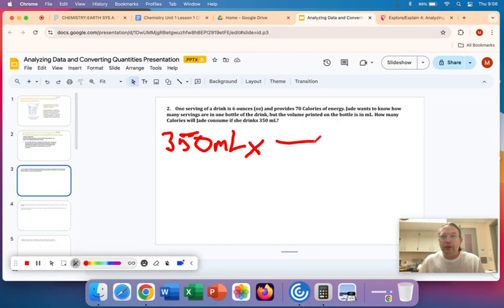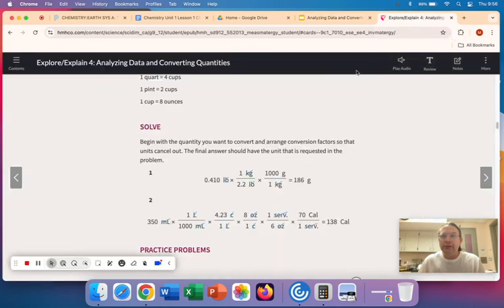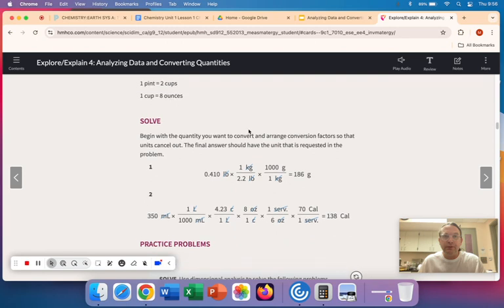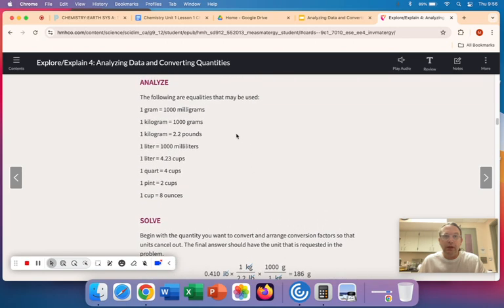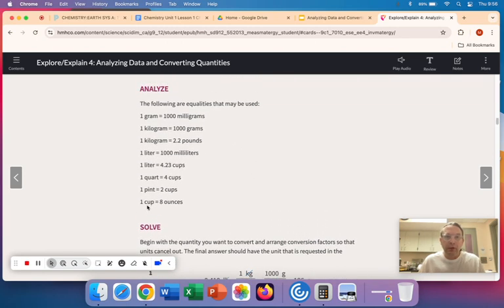So one of my equalities says a cup is 8 ounces. Well, that doesn't help me much because I want to know how many ounces is milliliters.